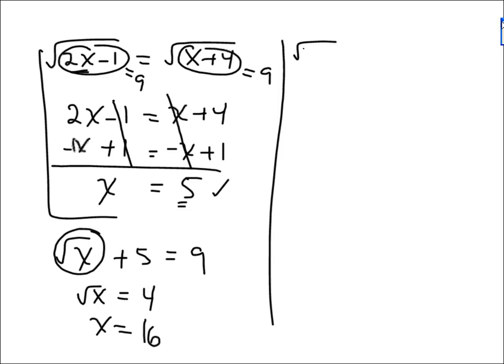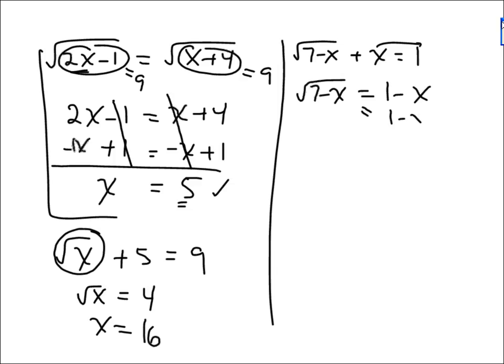Now, if you have the square root of 7 minus x plus x is equal to 1. So you bring the x over to the other side as minus x. The left side is this, and the right side is 1 minus x. Now, you square both sides. And now keep in mind, if you square 1 minus x or negative 1 minus x, you get the same answer.